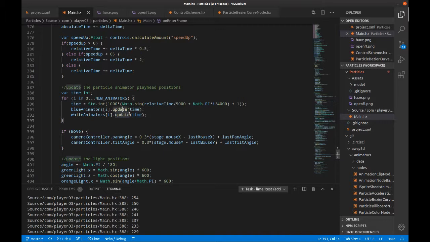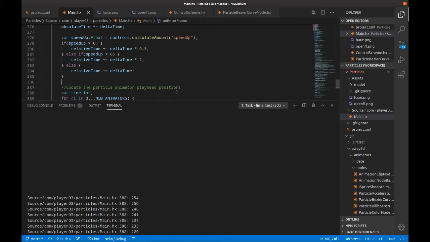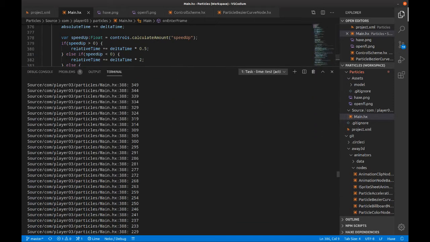Let me see if I can pull up information about the update function. Maybe not. But okay, they describe what's going on as updating playhead positions. So a playhead, like on a YouTube video, that's the red circle you can scrub back and forth.